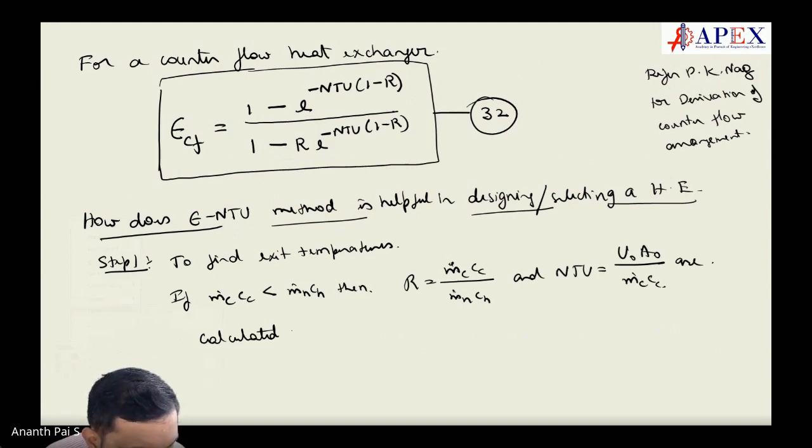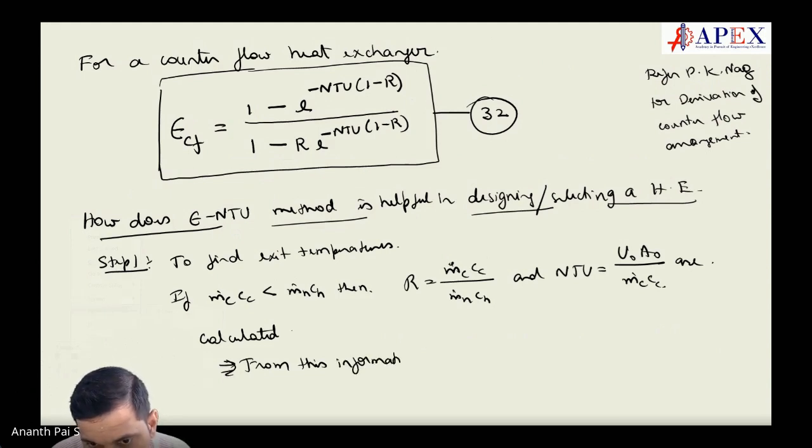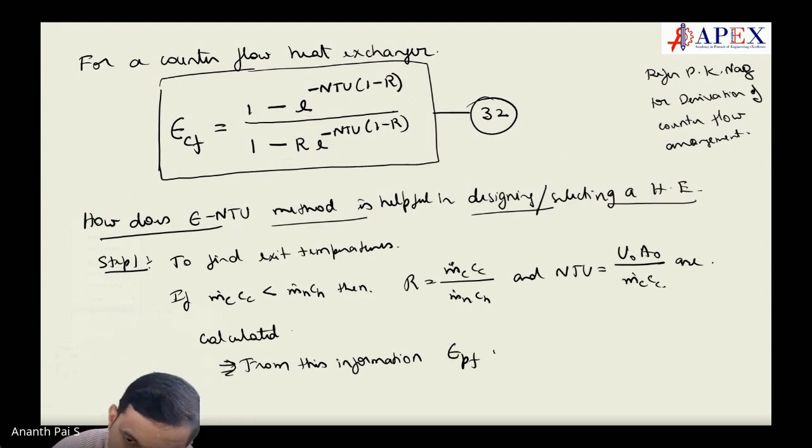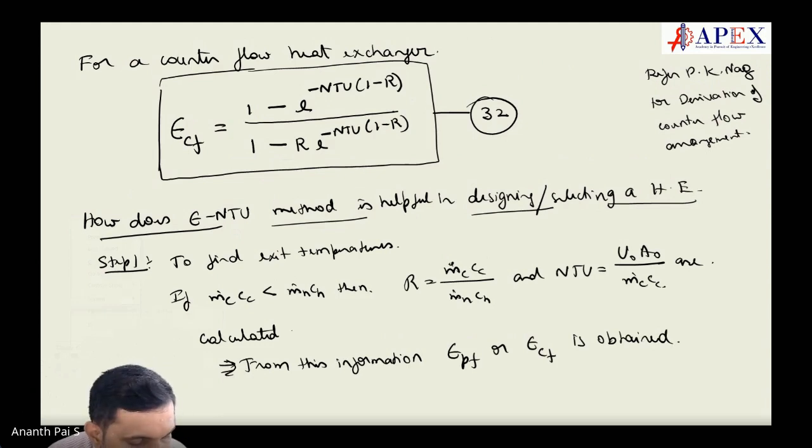Now, from this information, epsilon for parallel flow or epsilon for counter flow is obtained. Effectiveness is obtained. Okay?